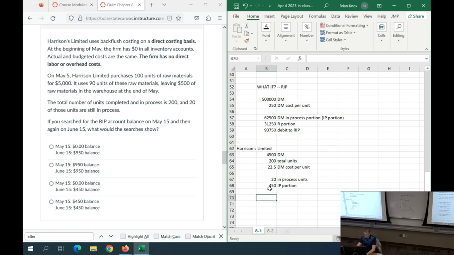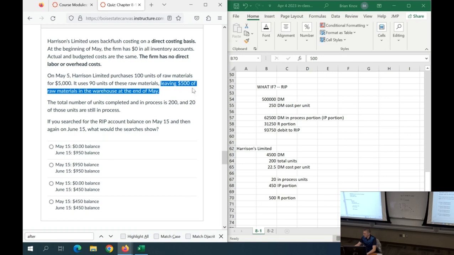All right, so that's the IP portion in this goofy problem. And the RM portion is given in the problem. We know there's $500 of raw materials left in the warehouse. And so the overall debit to RIP is the RM and the IP portion together. 950.